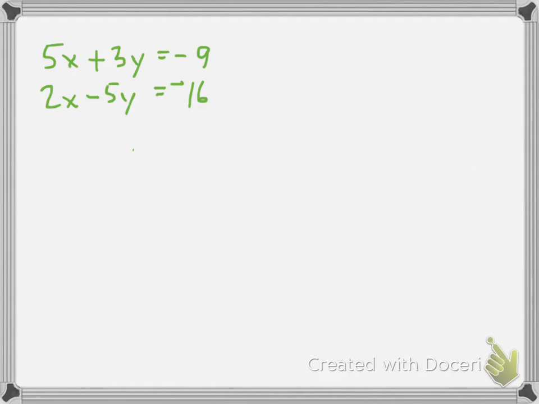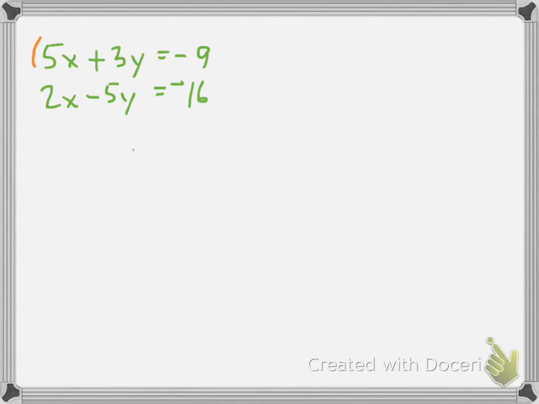Okay, for this problem, we're going to do the linear combination method. We're going to eliminate the x. Notice the coefficient of x in the top equation is 5 and the coefficient for x in the bottom equation is 2. 2 does not go into 5 without a remainder, and 5 doesn't go into 2.